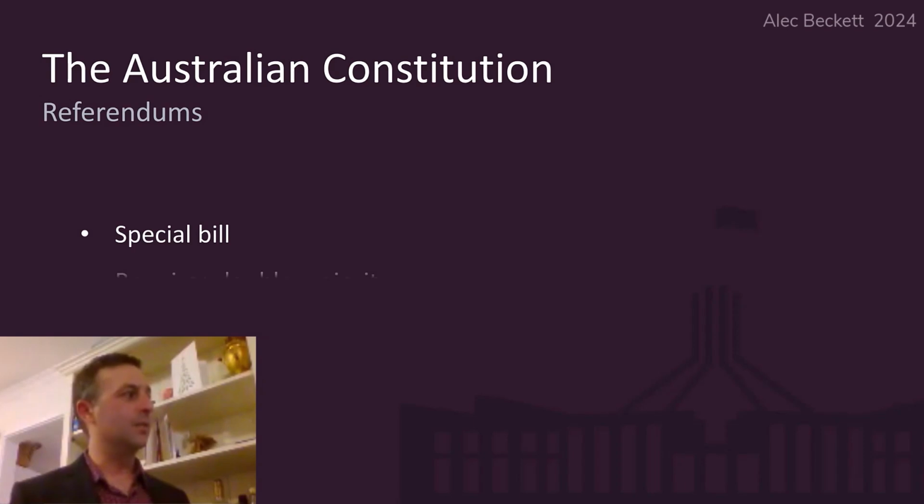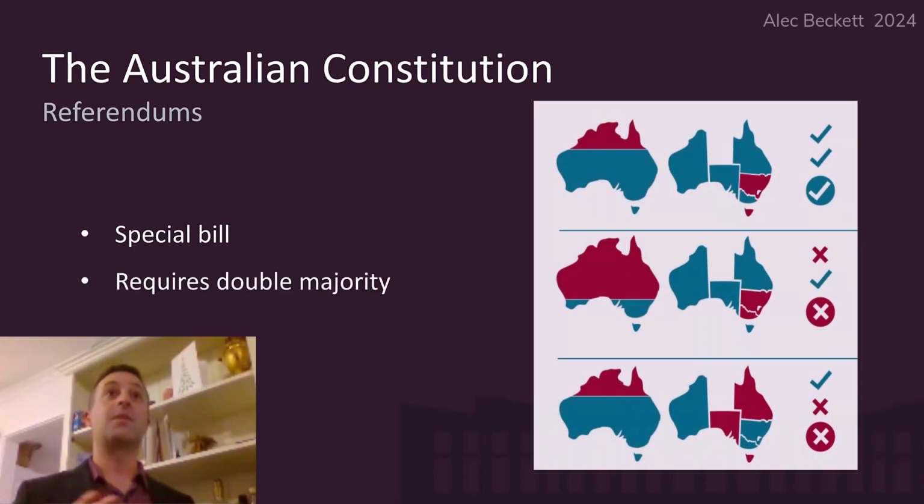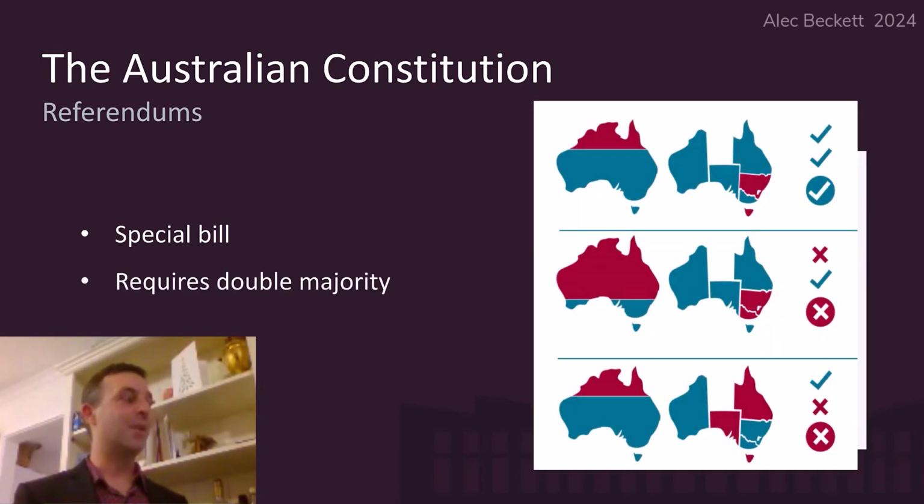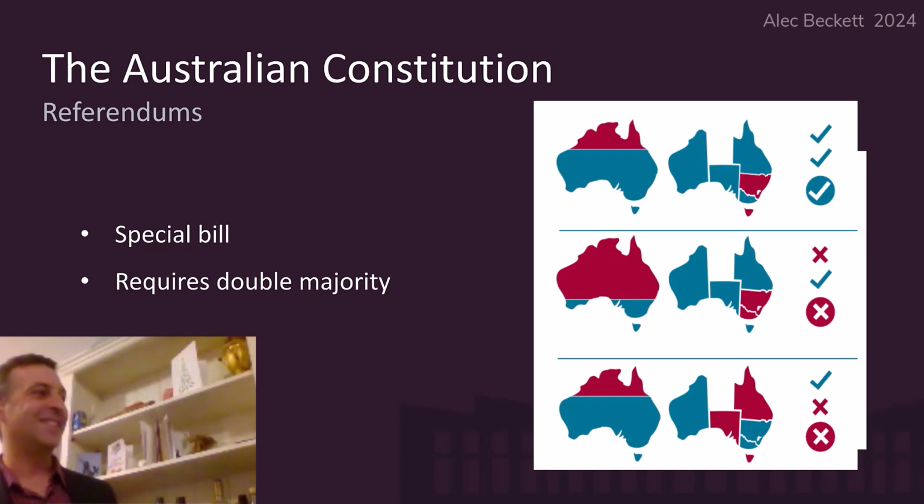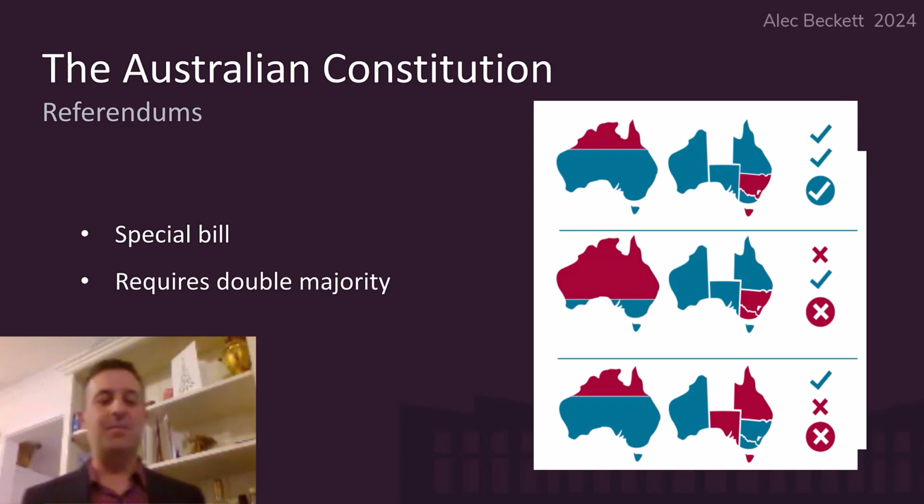I think we're wrapping up with the Constitution part, talking about referendums. And it's probably fairly fresh in our mind because we had one last year. Interestingly, we did a little bit of digging and had a look at the average age of Australians, which I think is sitting around 38, 39.